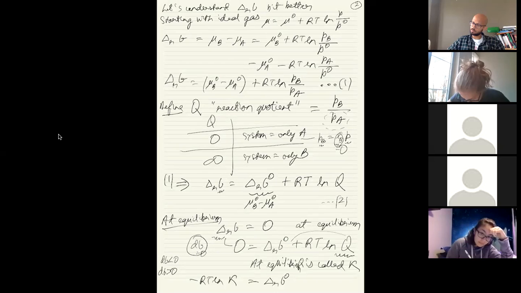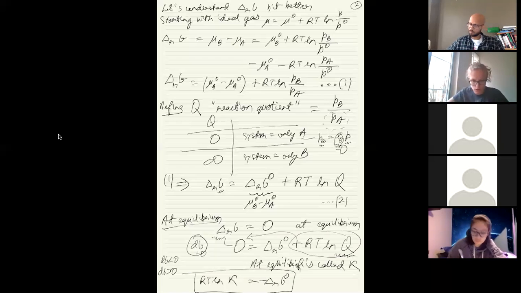If we take this equation to the right-hand side and we are talking about equilibrium, we can replace Q by K. So minus RT ln K is equal to delta RG naught, or RT ln K is equal to minus delta RG naught. That's our equilibrium constant.